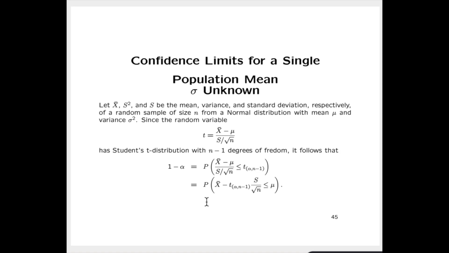What we're saying is that the probability we get a sample for which x bar minus t times s over the square root of the sample size is less than or equal to the population mean mu is 1 minus alpha. Another way to say this is that the probability that mu is greater than or equal to this random variable is 1 minus alpha.